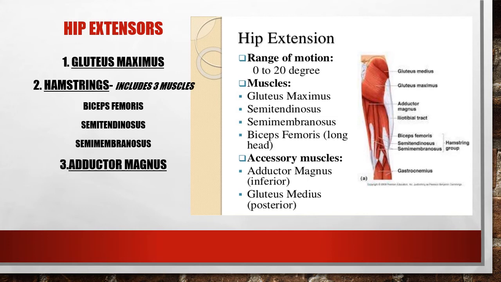The three muscles of the hamstring are the biceps femoris laterally, and medially on top is the semitendinosus, and below is the semimembranosus. The adductor magnus has an effect like a hamstring because it originates on the ischial tuberosity as well, and there are a lot of posterior fibers there that can assist in hip extension.